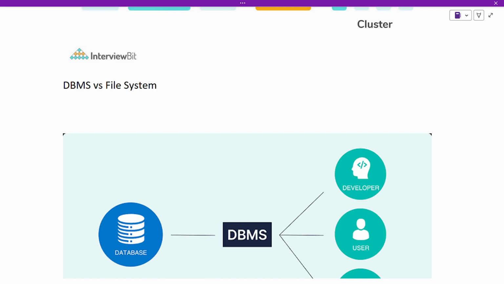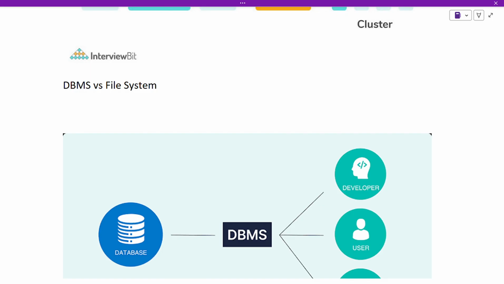But what does DBMS offer? What was lacking in file systems? It was the same thing. We don't have anything that is governing the kind of data that is being put in a file, and we don't have any mechanism that allows us to manipulate multiple files at once.